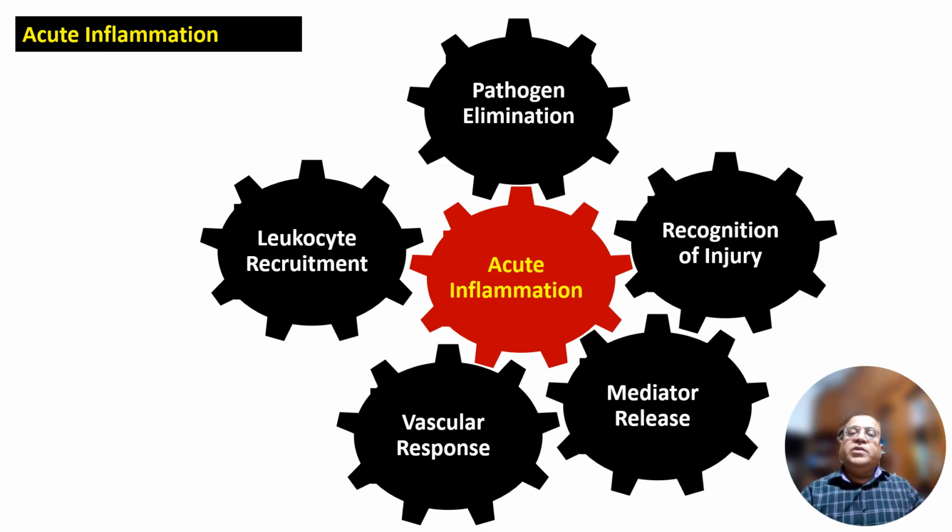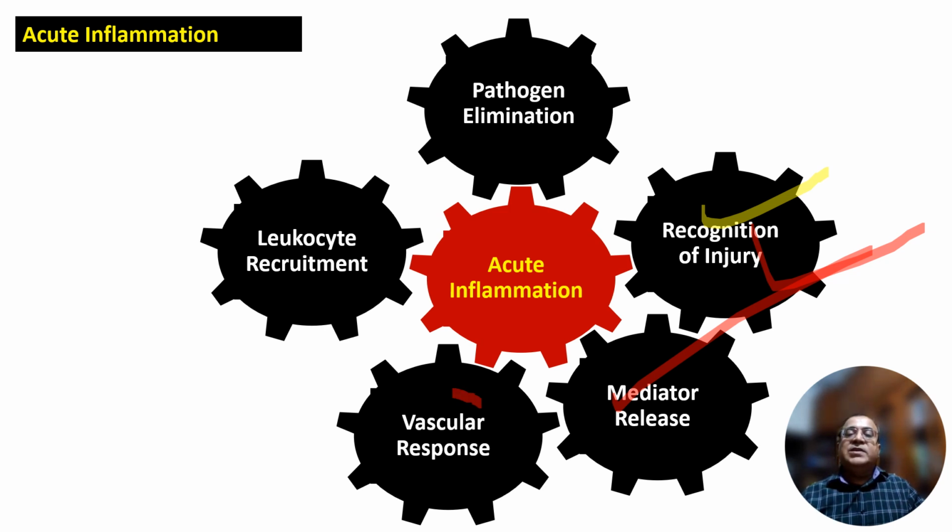We know that acute inflammation undergoes sequential steps. First, there is recognition of the injury, in that the phagocytes detect microbes or dead cells. Then there is mediator release. There, cytokines and lipid messengers trigger inflammation.